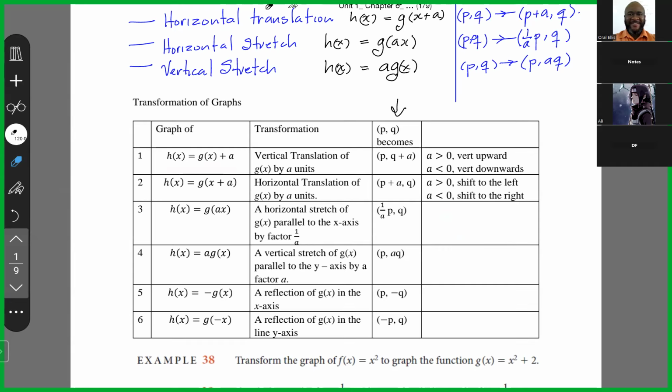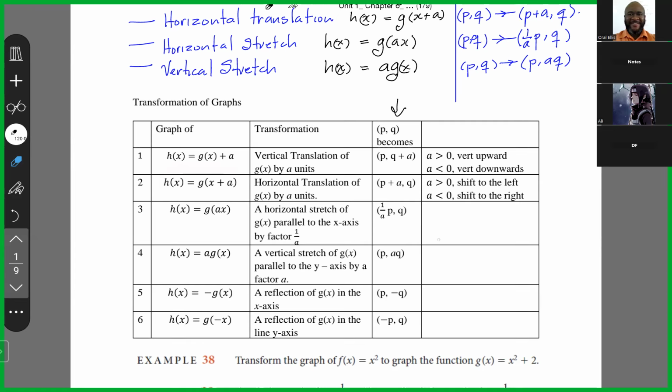Now, the third transformation is h of x is equal to g of ax. Now, this is a horizontal stretch of g of x, parallel to the x-axis by a factor 1 over a.